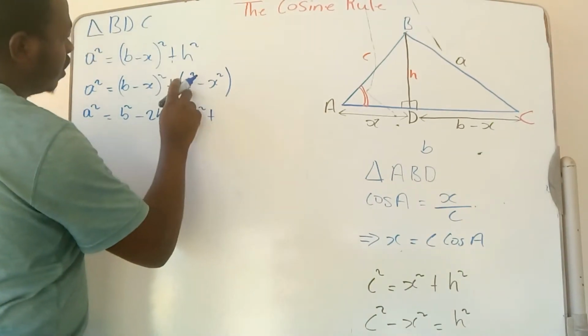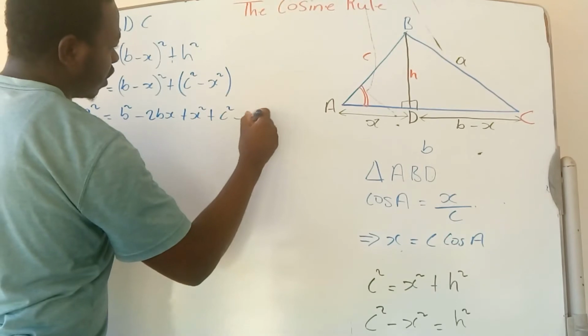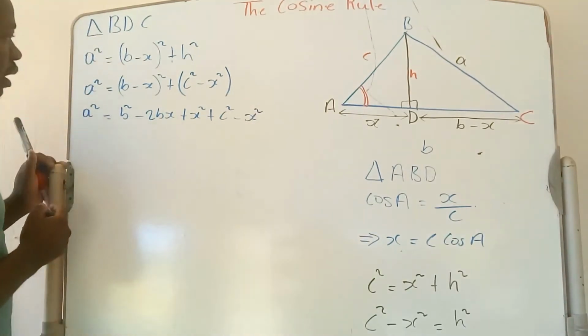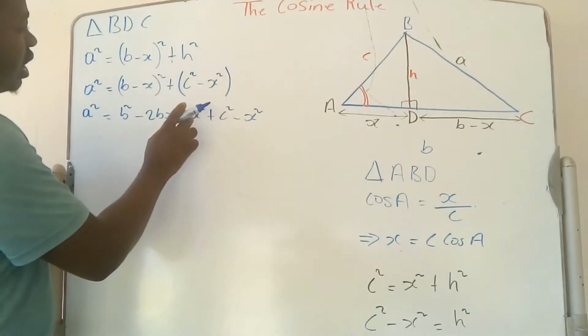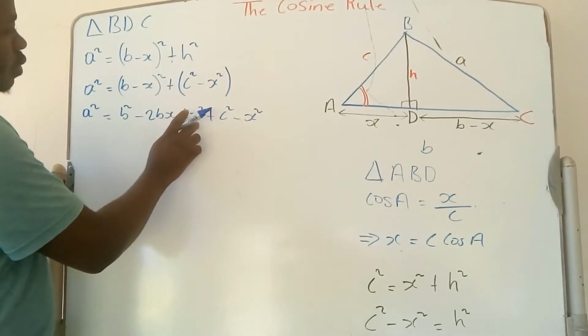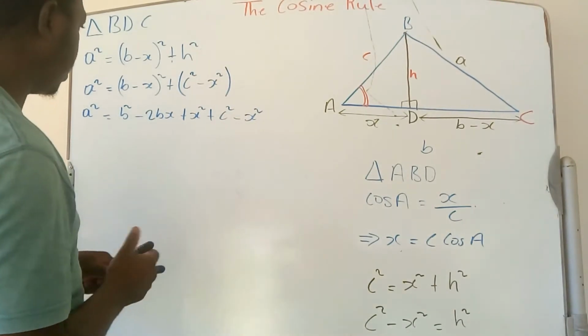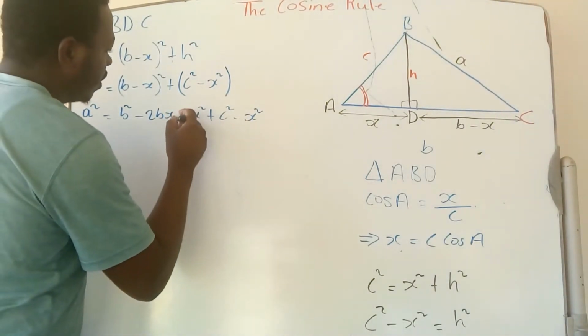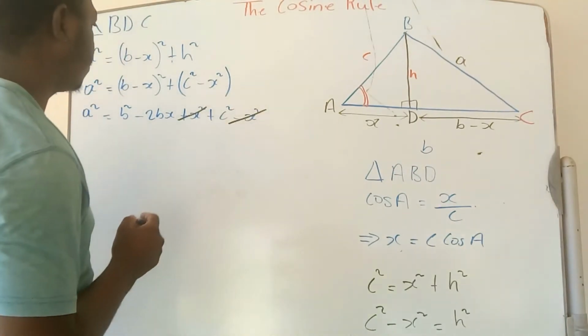Plus this c squared minus this x squared. Right? Now, note here, what I have is a positive x squared and a negative x squared. So it means that these two things can cancel out. So this positive x squared is going to cancel out this negative x squared. Right?